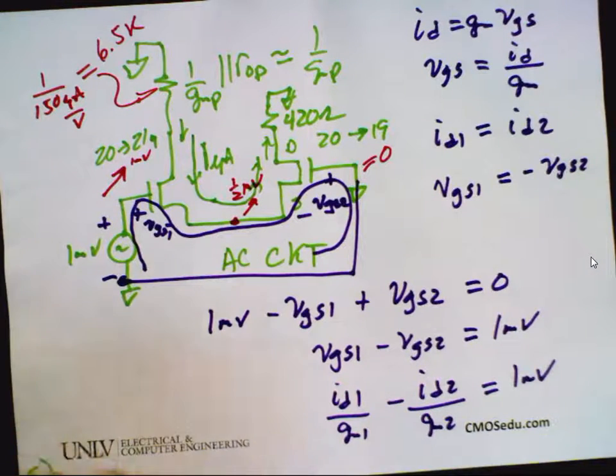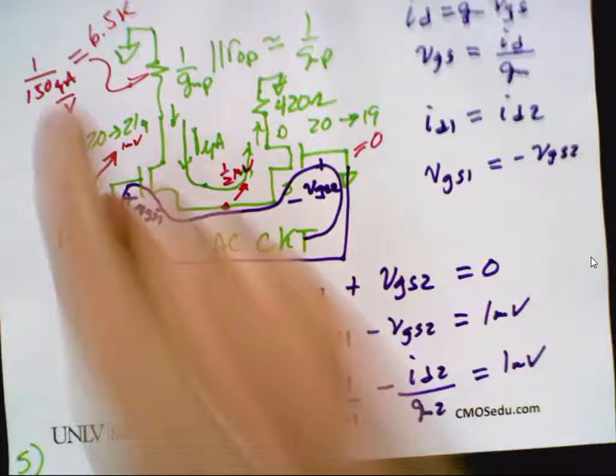Any questions? I'm really good at doing simple mathematical calculations. Like I know what 1 over 2 pi times 1 millisecond is. 159.